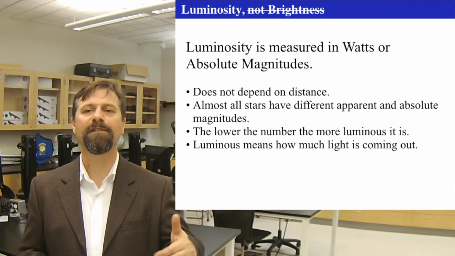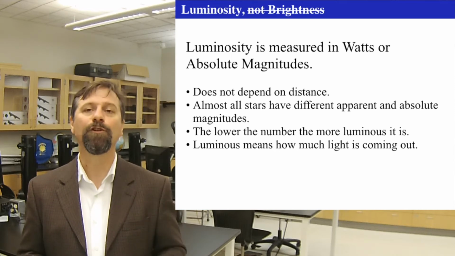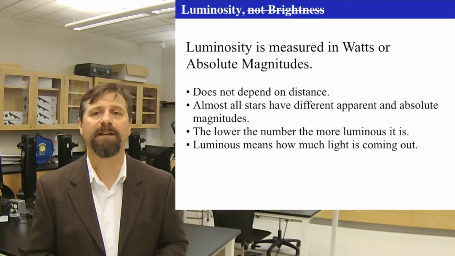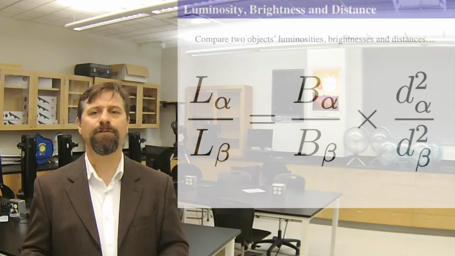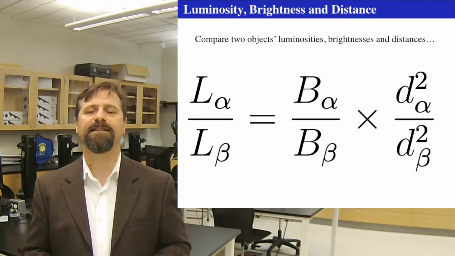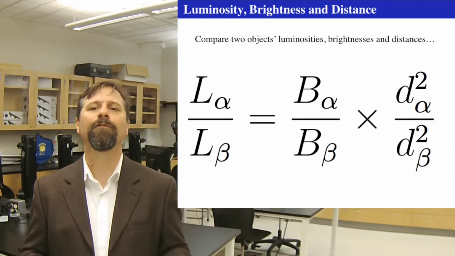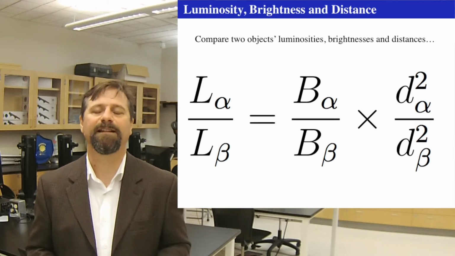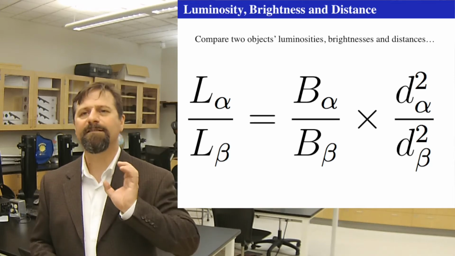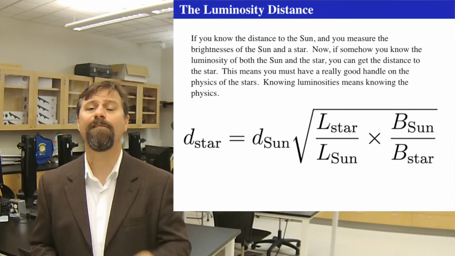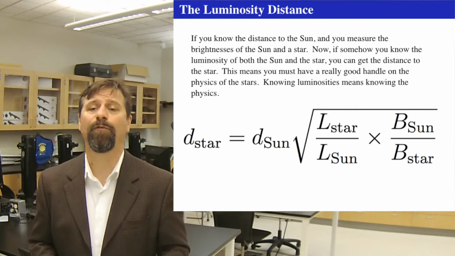And the lower the number, the more luminous it is in magnitudes, right? And luminous just is how much light is coming out. So what we'll tend to do is we'll compare two objects' luminosities, and we see that they're relative to their brightness, and the inverse of their distance squared, and that'll give us what we're going for. But we can create this concept called the luminosity distance, meaning how far is it based on how bright it is.